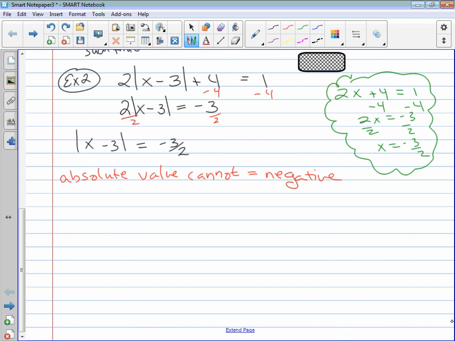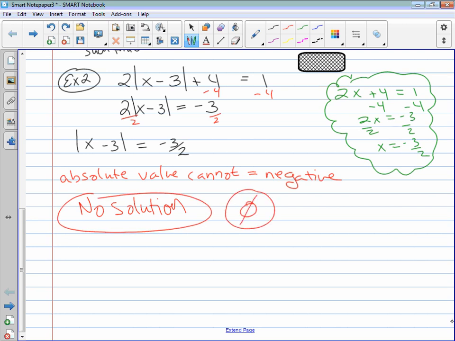You don't need to separate it into two different equations. You can stop right here. Absolute value can't equal a negative, so the answer is no solution. And sometimes you'll see this little symbol that means no solution. It's 0 with a line through it. No solution.